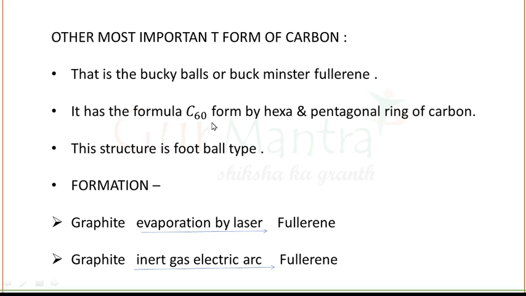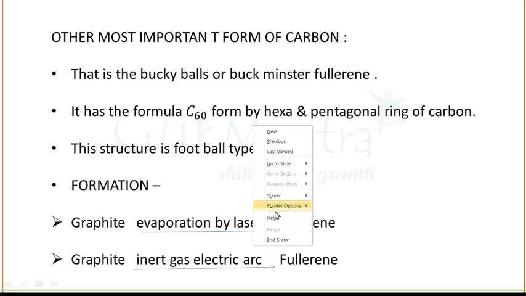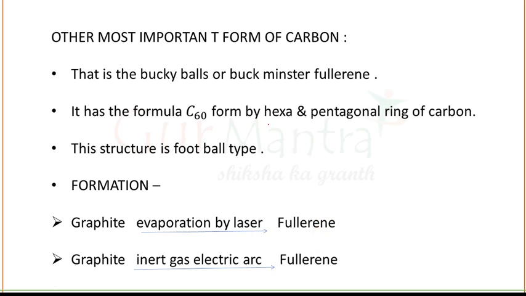It has a cage-like, fused ring structure that resembles a soccer ball, made of 20 hexagons and 12 pentagons. You have to remember this point. It has the formula C60 formed by 20 hexagons and 12 pentagons.